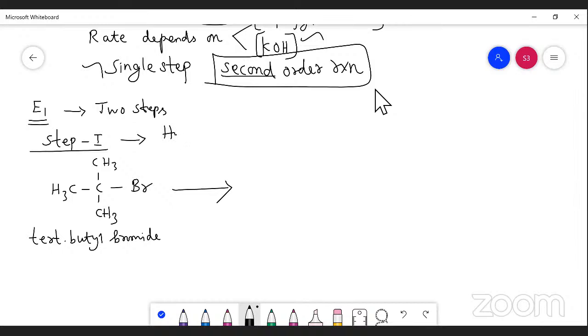In your book it is given as heterolytic fission or heterolytic cleavage of the C-Br bond. Here one electron is from the carbon and one electron from the bromine. Heterolytic cleavage means the shared pair of electrons is taken by one atom. That is called heterolytic cleavage.